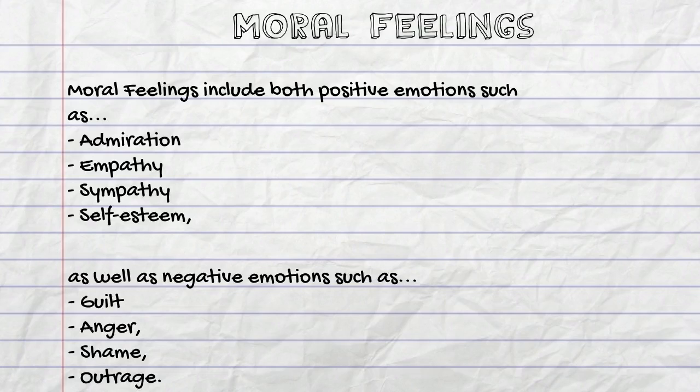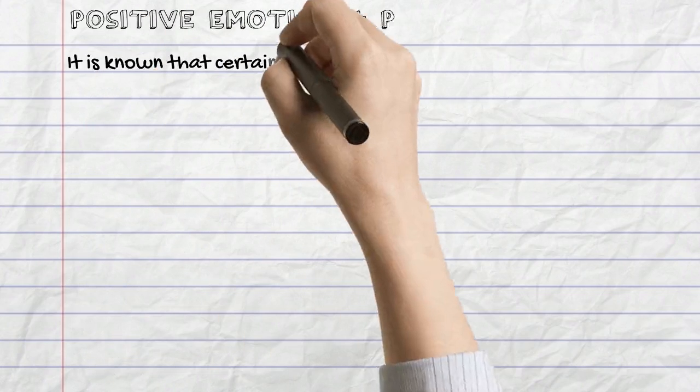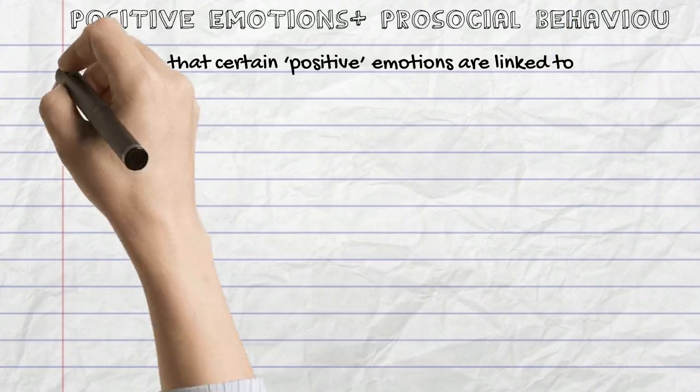When either positive or negative emotions are experienced to a strong degree, particularly in a combination of one or more emotions such as guilt and empathy, they influence children to act in accordance with standards of right or wrong. It is known that certain positive emotions are linked to morals, for example, empathy.